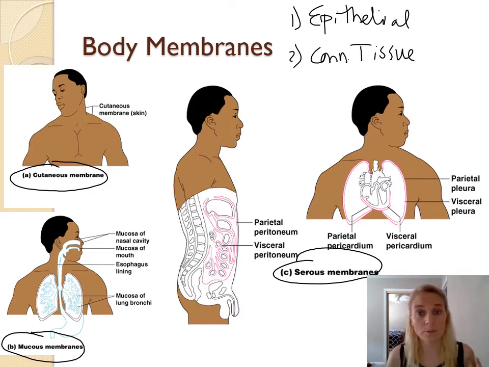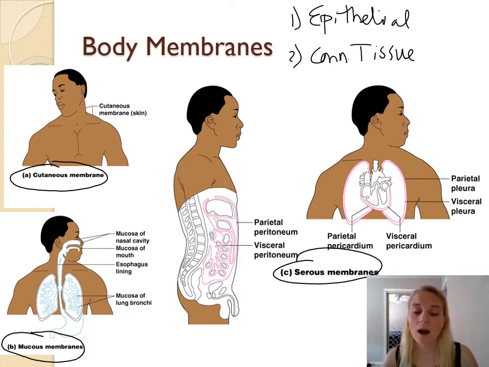If you remember some of our histology from chapter 3, lining our trachea we have pseudostratified ciliated columnar epithelium. That would be the epithelial component of mucosa. Whereas lining our stomach, we have simple columnar. So that would be the epithelial component, sitting on top of a basement membrane, and that's going to be the connective tissue component. Transitional epithelium is found in the urinary bladder and ureters, and that is going to be the epithelial component sitting on a basement membrane, which will be the connective tissue component.